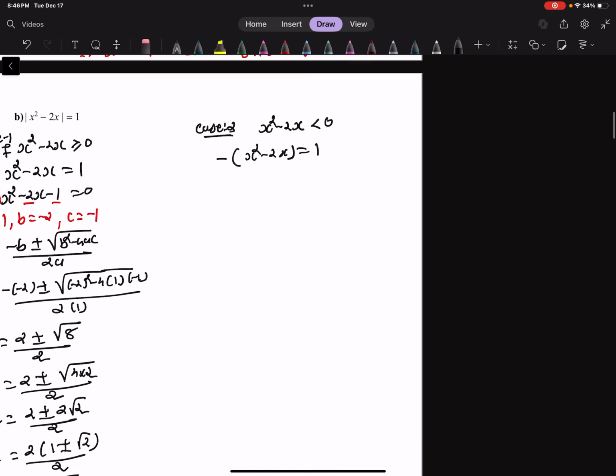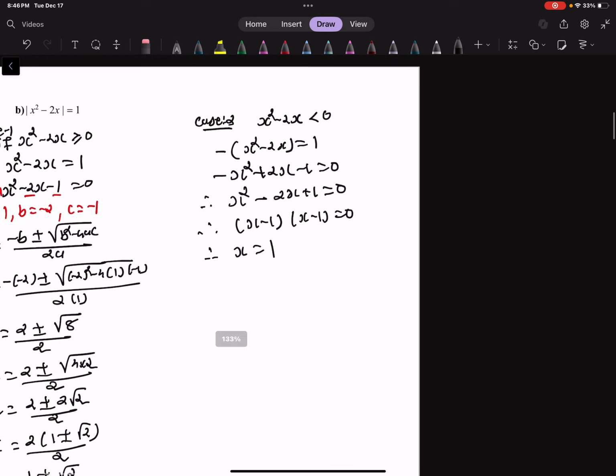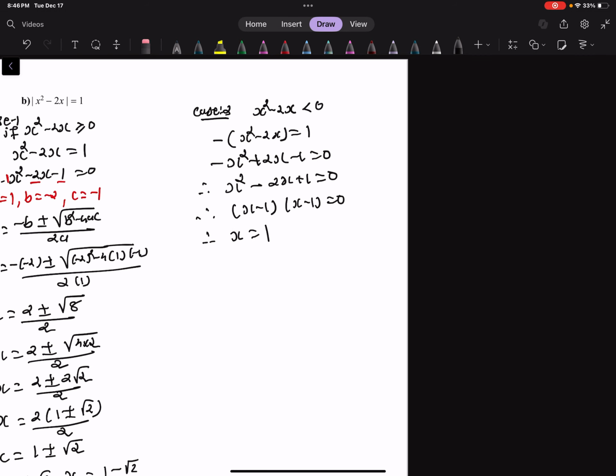In the other case, negative x squared plus 2x minus 1 equals 0. To remove the negative sign from the first term, multiply all terms by negative 1. Make a factor, it is factorable. It has two equal values, so x equals 1. If you plug in the value, x equals 1 does satisfy the condition x squared minus 2x is less than 0.